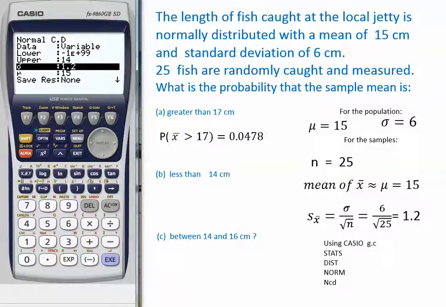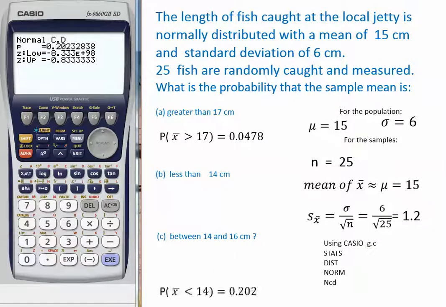We're dealing with the sample mean, so the standard deviation of the sample means and the mean of the sample means still apply. So we find the answer. It is 0.202 to three significant figures.